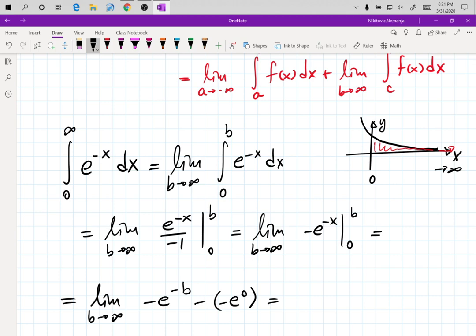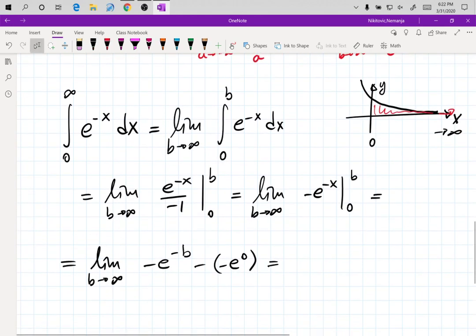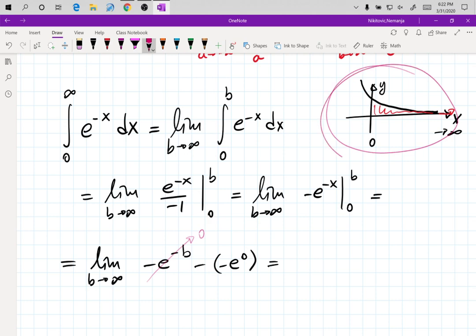So now you are going to use the limit. So how much is e to negative infinity, right? That part is 0. So this thing goes to 0. You can see it on the graph up there, right?